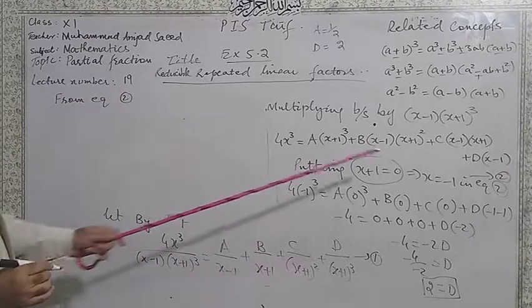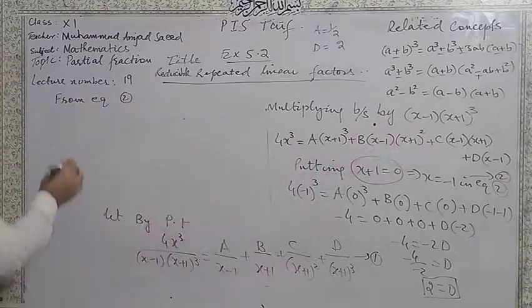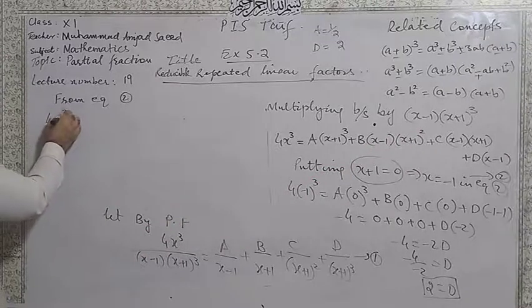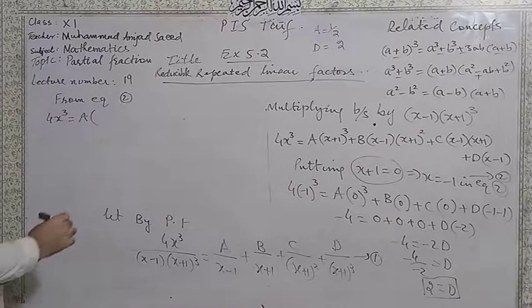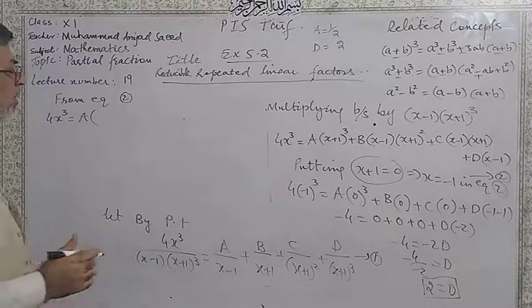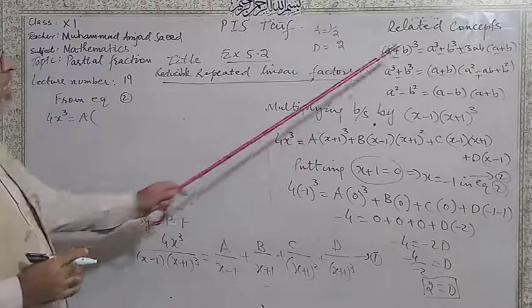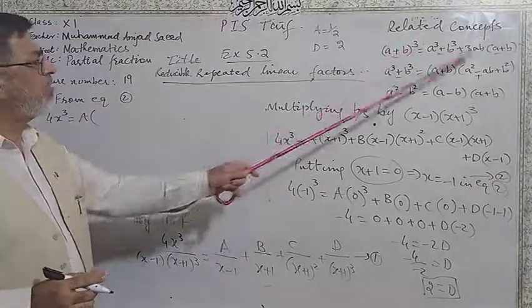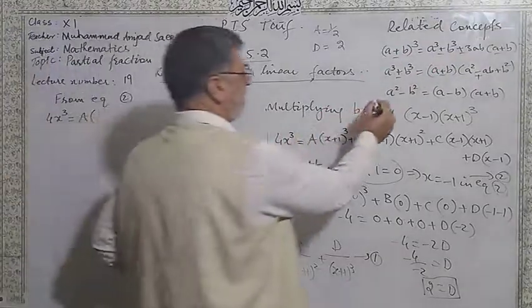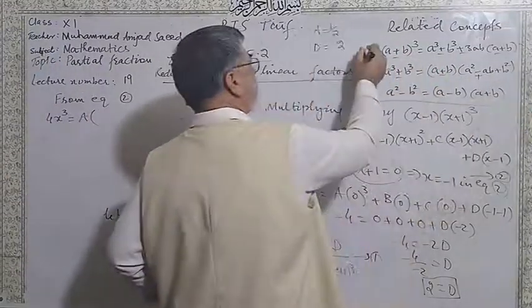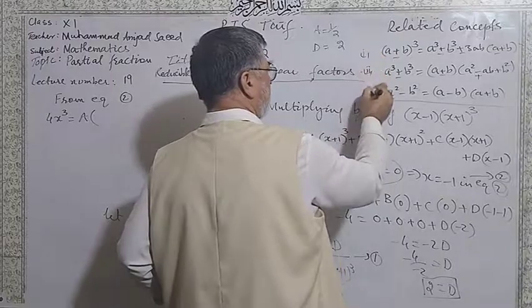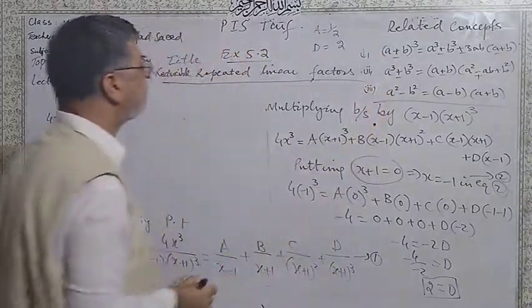Now we will simplify this equation number 2 as 4x cube is equal to a into x plus 1 whole cube. Open up the whole cube formula, formula number 1. These are the related formulas, 1, 2 and 3 like that.